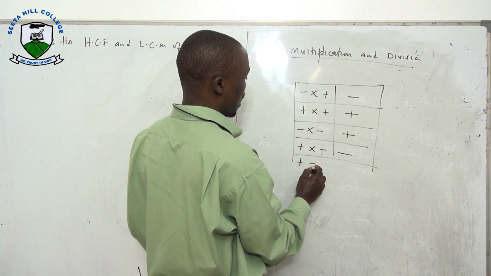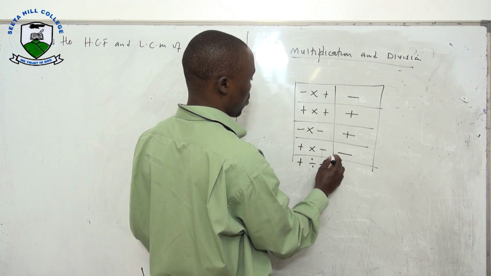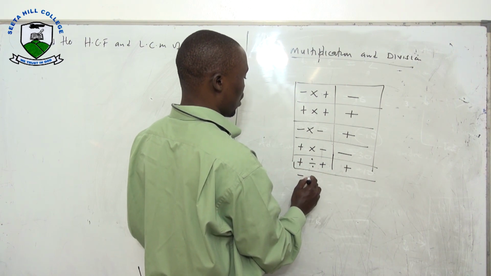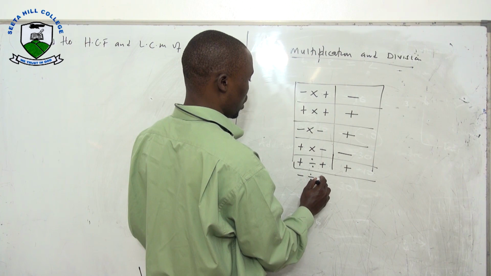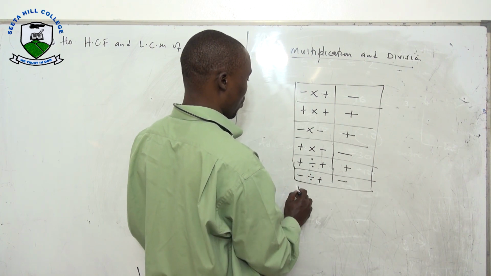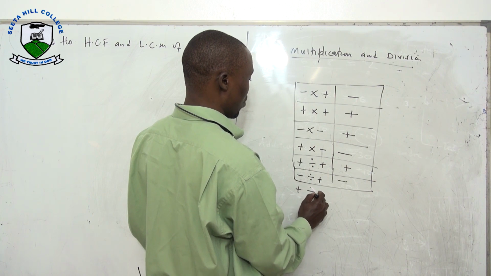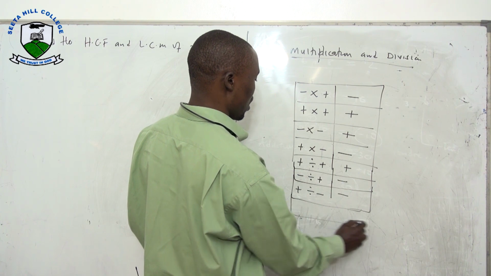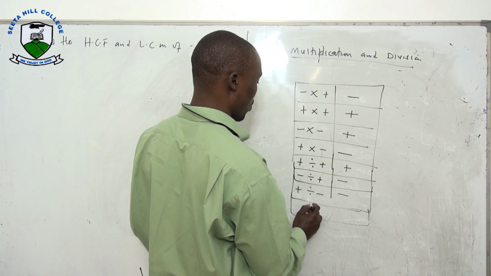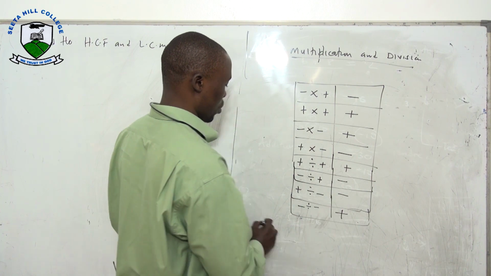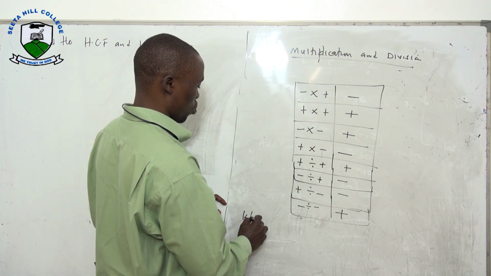Positive divided by positive, we get a positive. Negative divided by a positive, still negative. A positive divided by negative, still negative. Negative divided by negative, we get positive. Work out.